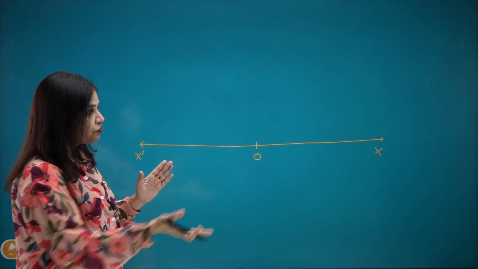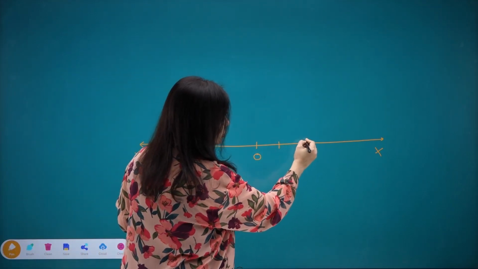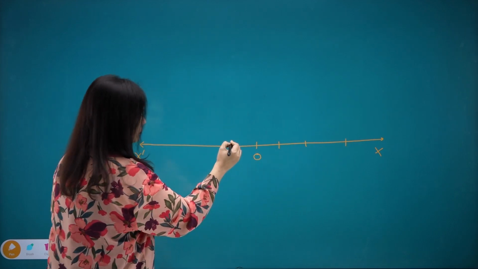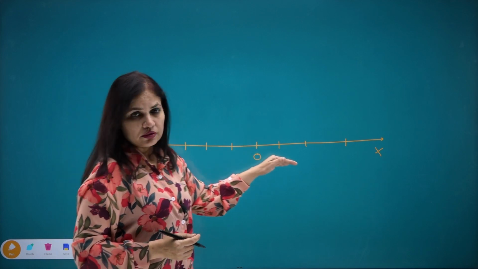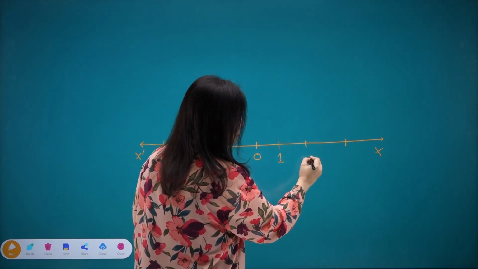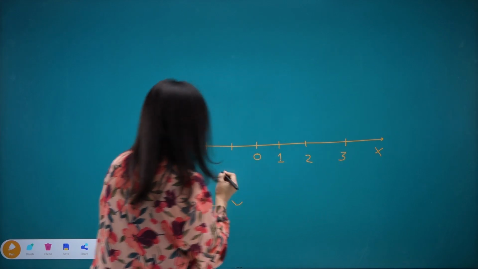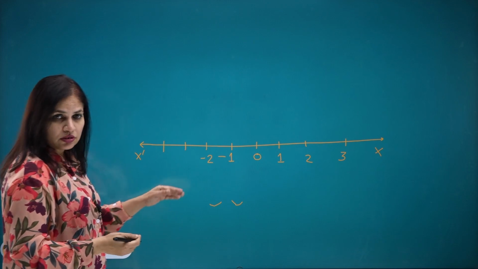So, before we move to the vertical number line, let me locate a few points on it. The points to the right of the origin will have all positive values, and the points to the left will have all negative values.